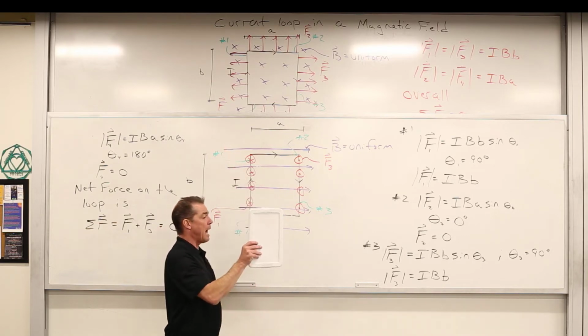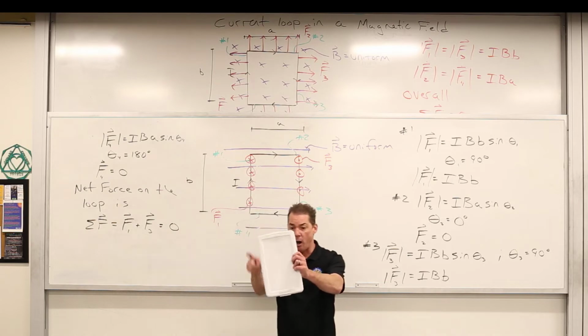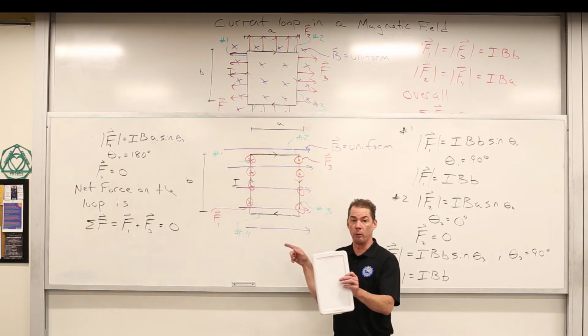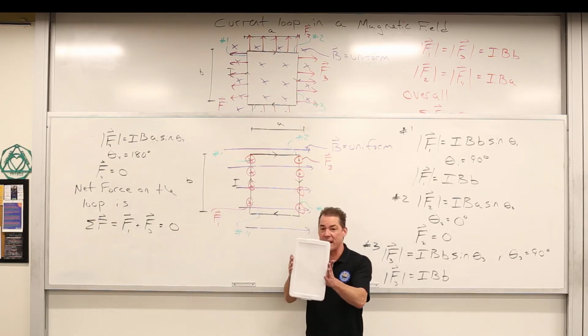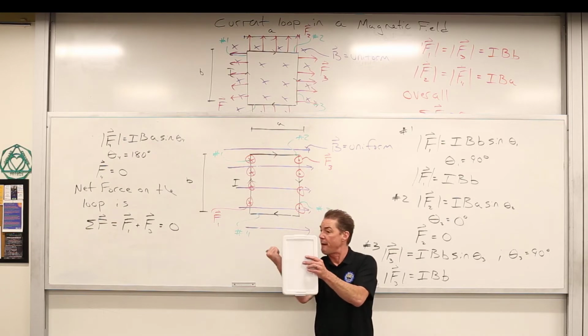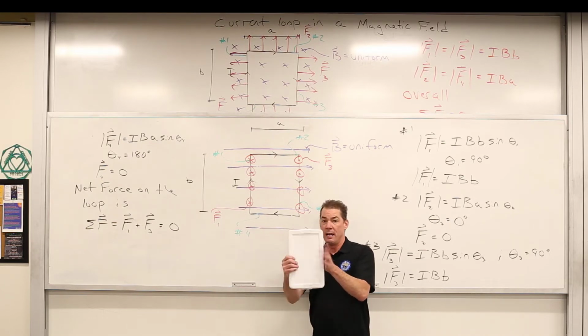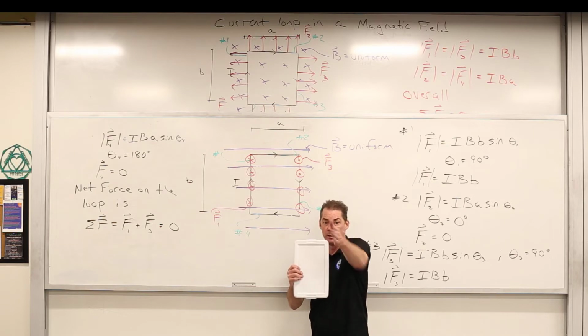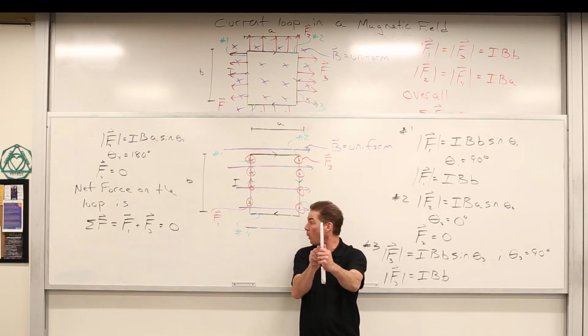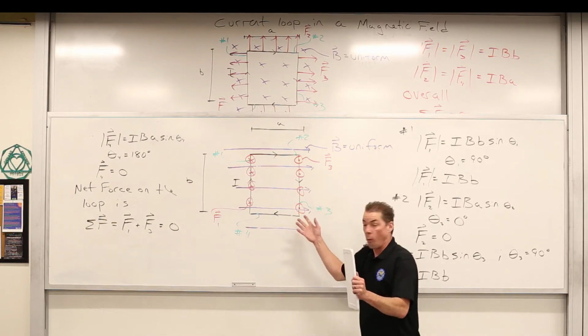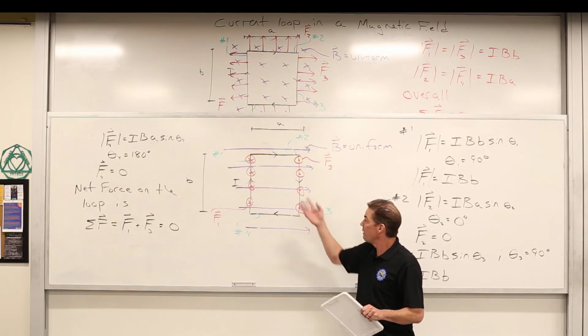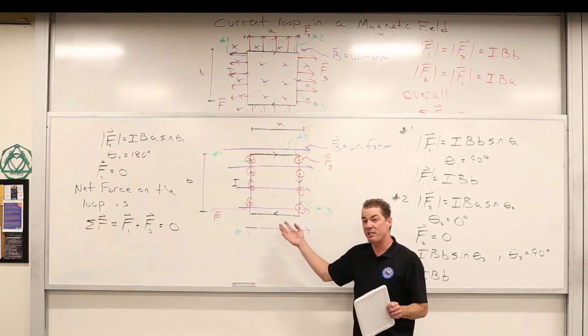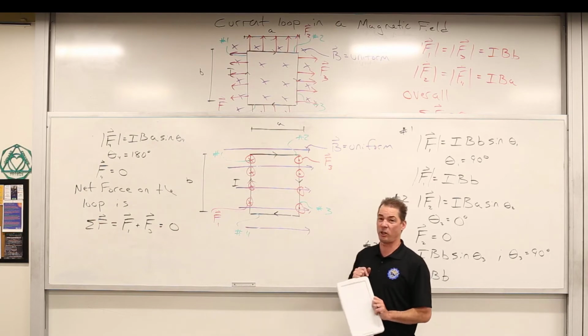So what's going to happen here? We'll consider this outer portion to be the current loop. And think about, well, what happens if you take something like this, and one side you have a force that way, inward, and the other side you have a force outward. Oh, it wants to rotate. We start getting a torque. These forces substantiate a torque acting on this current loop.